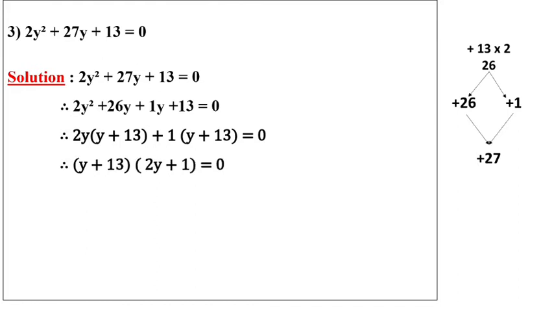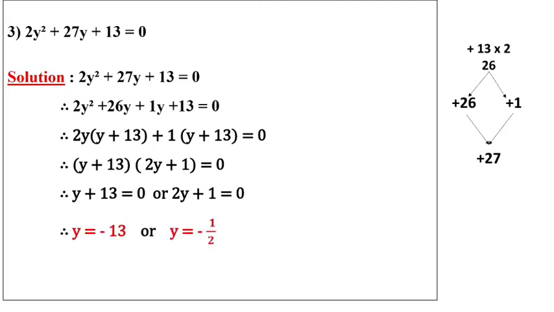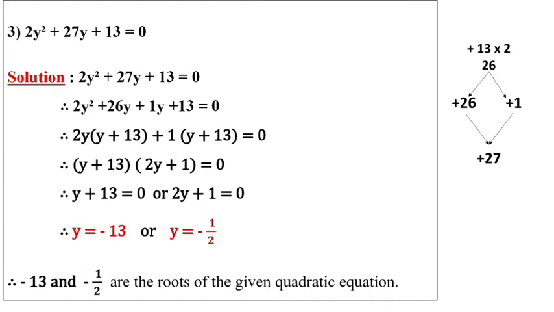So y plus 13 and 2y plus 1 equal to 0 is our solution. After that, y plus 13 equal to 0 and 2y plus 1 equal to 0. Plus 13 becomes minus 13, plus 1 becomes minus 1, and 2, which is in multiplication, becomes divide. So here we get the answer: minus 13 and minus 1 upon 2 are the roots of the given quadratic equation.